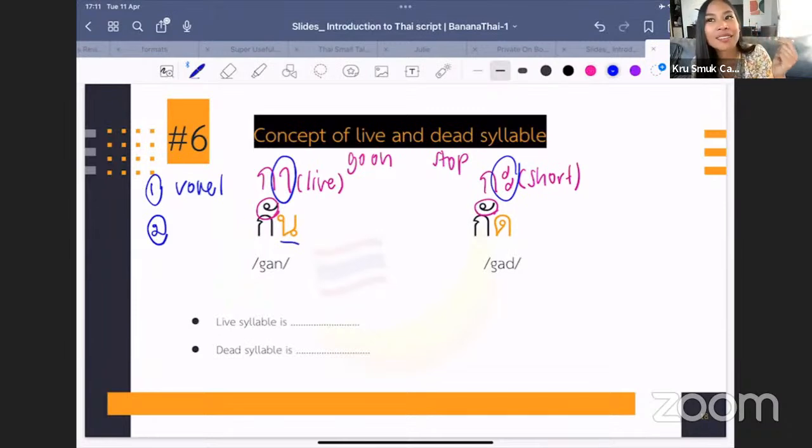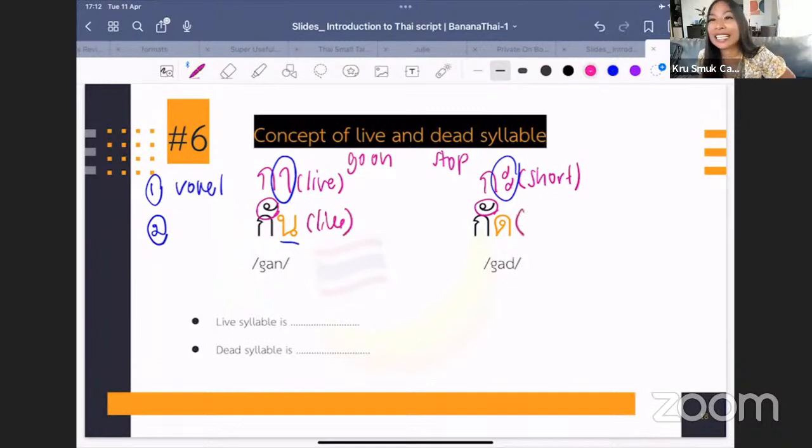Try it. Even if you close your mouth, the sound goes on. It's a nasal sound, and that's why it is live. The sound goes on. นอหนู, กัน. So this one, ค่ะ, กัน, is live.